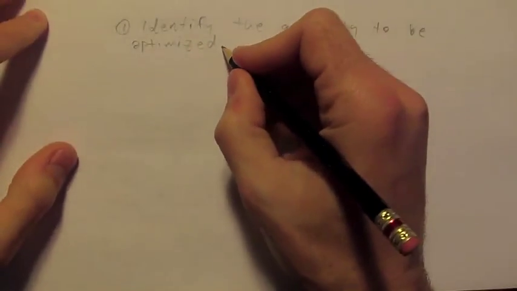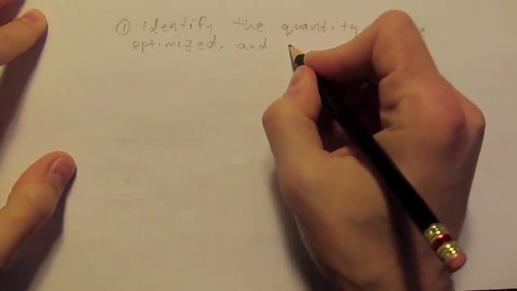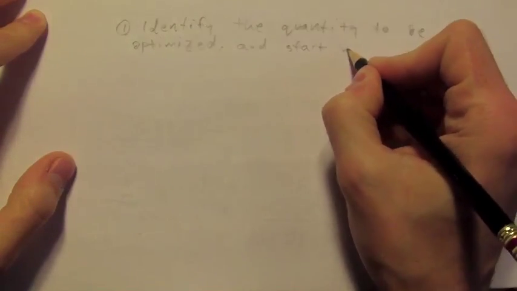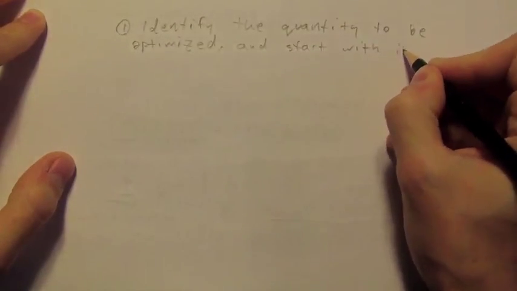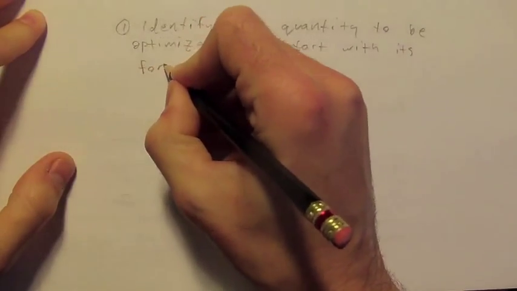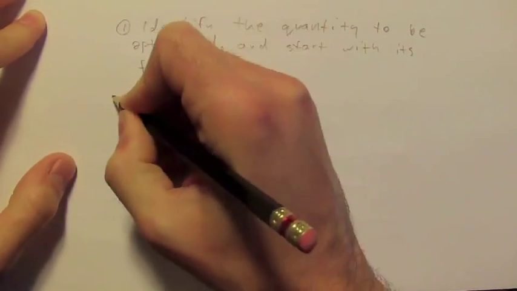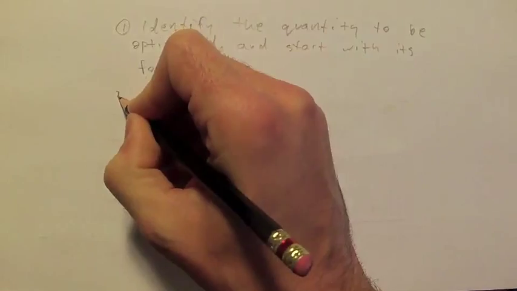Are we maximizing the volume? Are we minimizing the perimeter? Are we minimizing the surface area? You identify whatever quantity that is and start with its formula. It will have a formula. You're going to start with that, and it will probably have a couple of variables in it.